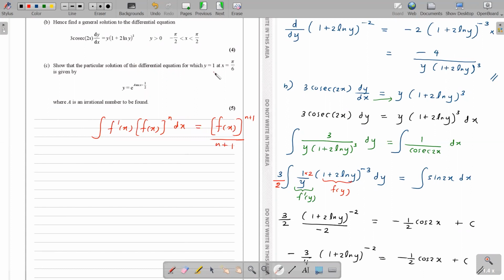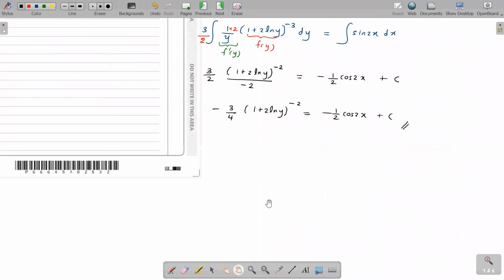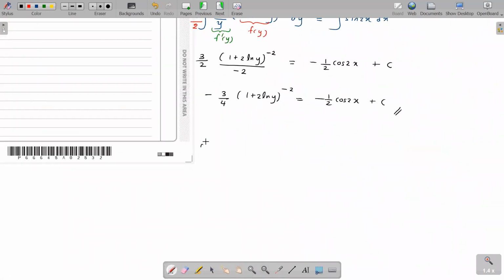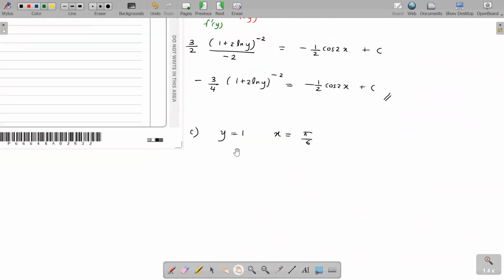So they've told you to use what? y equals 1 when x is pi over 6. Shall we input the values? And we need to make y the subject. y equals e to the power a sec x minus half. So we need to get that kind of a show there.